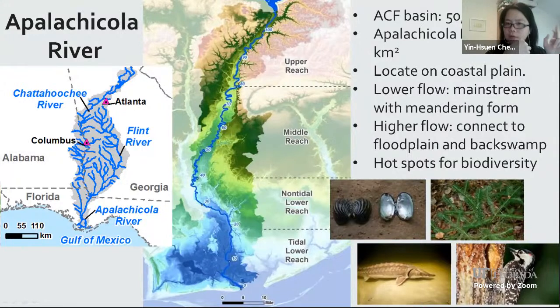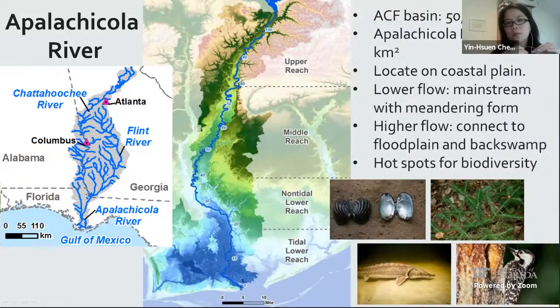The total area of the entire ACF basin is about 15,500 square kilometers, and the total area for the Apalachicola River is only 2,900, which is about 5% of the entire ACF basin. This river is located on what we call the coastal plain area of the US. The mainstream is a single meandering channel flowing through the entire floodplain. At low flow, it's one huge meander river.